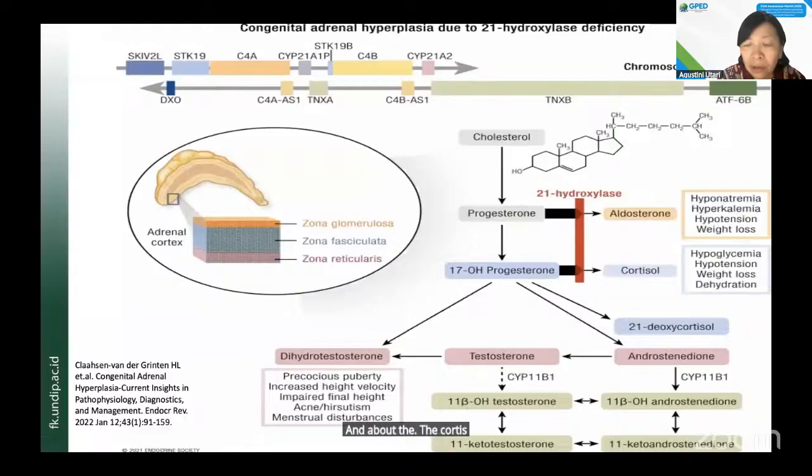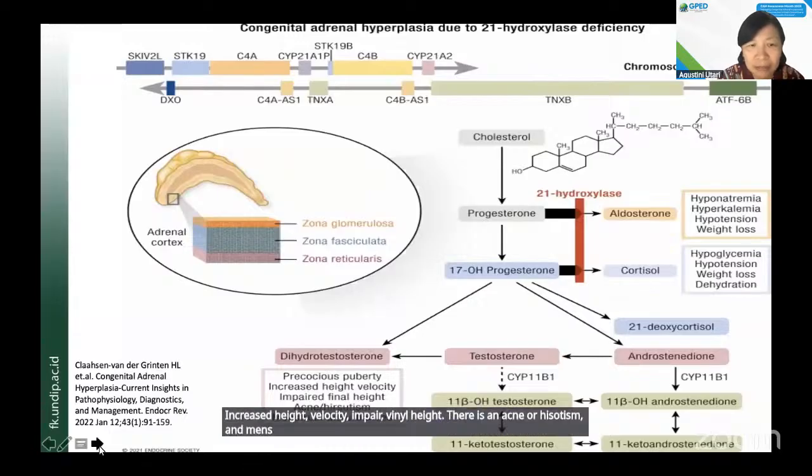Lack of cortisol can cause hypoglycemia, hypotension, weight loss, and also dehydration. Because we have more 17-OHP, it increases androstenedione, testosterone, and dihydrotestosterone. This relates to clinical features such as precocious puberty, increased height velocity, impaired final height, acne or hirsutism, and menstrual disturbance.